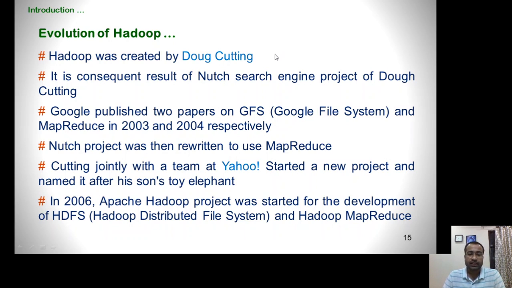After that, Yahoo supported his team and he started to work on Hadoop. The name Hadoop was based on a toy elephant, his son's toy elephant. And finally in 2006, the Apache Hadoop project was started with support from Apache for development of Hadoop Distributed File System and Hadoop MapReduce.